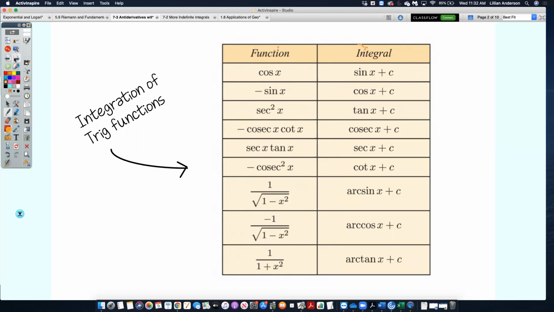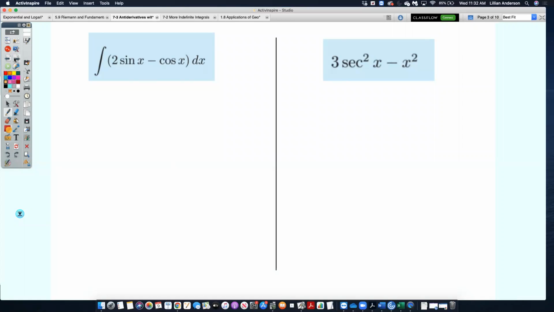So, looking at the first one, pretty straightforward, pretty simple. Again, as long as you know what the antiderivative is of these functions, then you'll be able to find the integral of 2 sine x minus cosine x dx. Let's break it up into pieces.